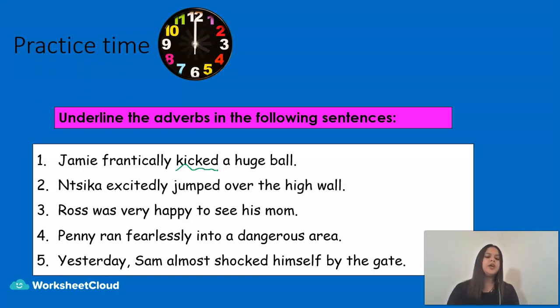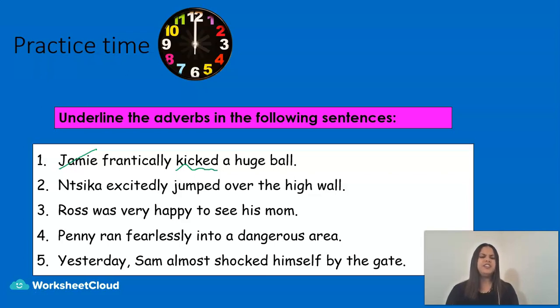And now we're going to see if we can find a word that tells us more about the verb kicked. So here we have Jamie. Jamie is a proper noun and it's the name of someone. Jamie is also the subject of the sentence. So I know that this is not telling me more about my verb. Frantically kicked a huge ball.